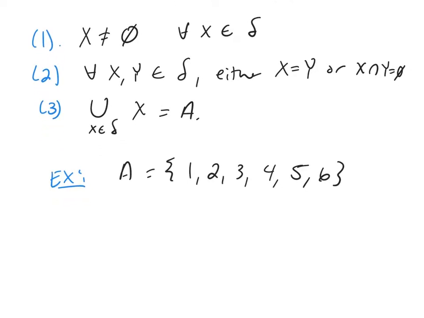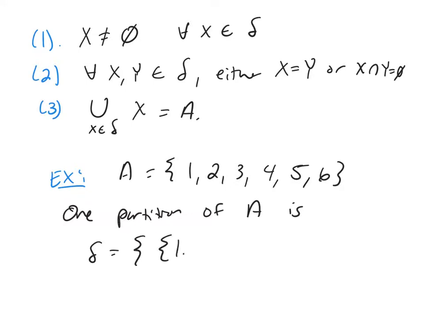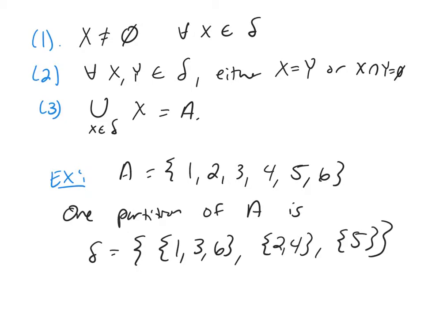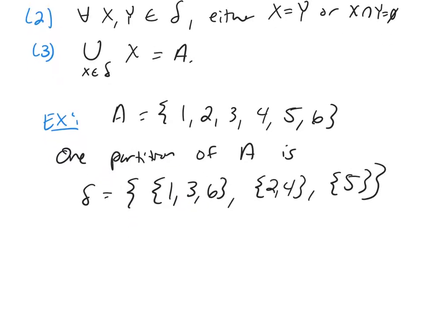One partition of A is the set of sets {1, 3, 6}, the set containing 2 and 4, and the set containing 5. The reason why this is a partition: none of these sets are the empty set, so condition 1 holds.